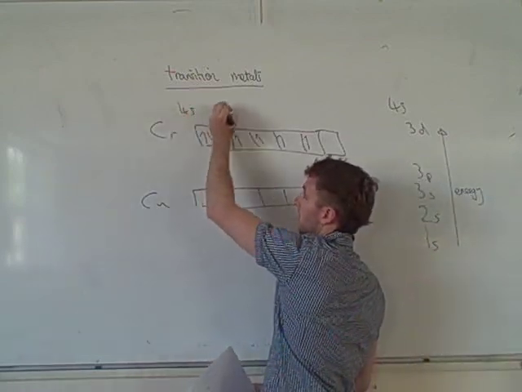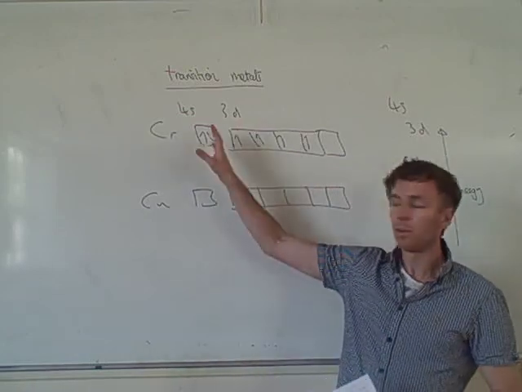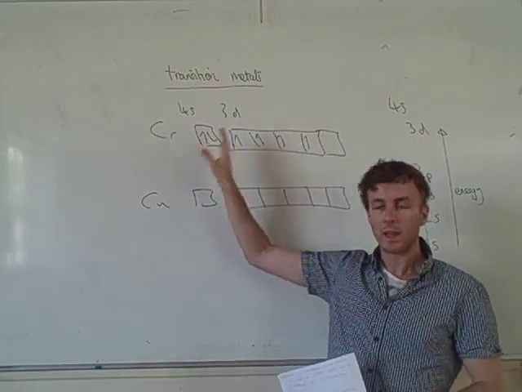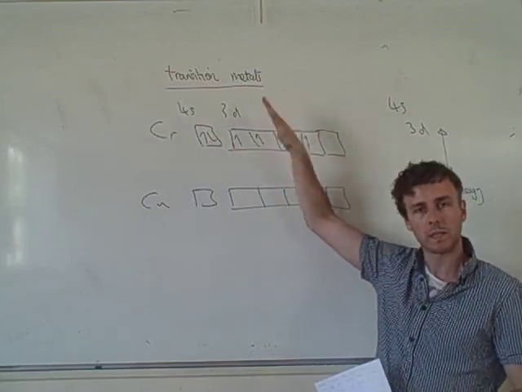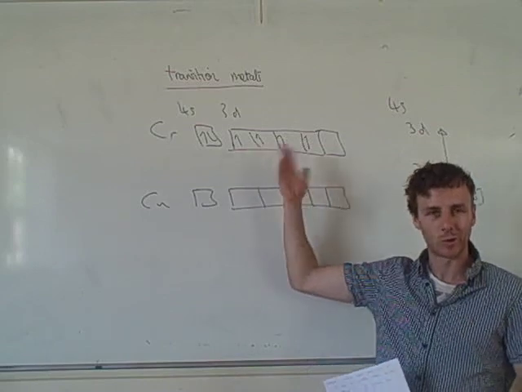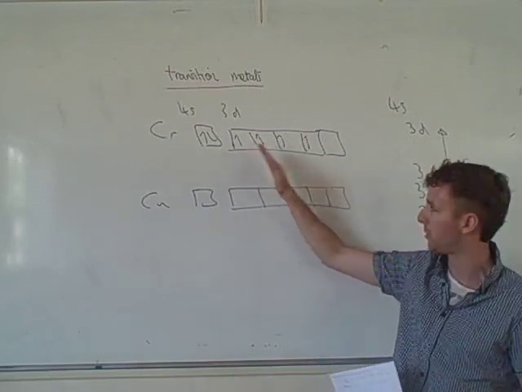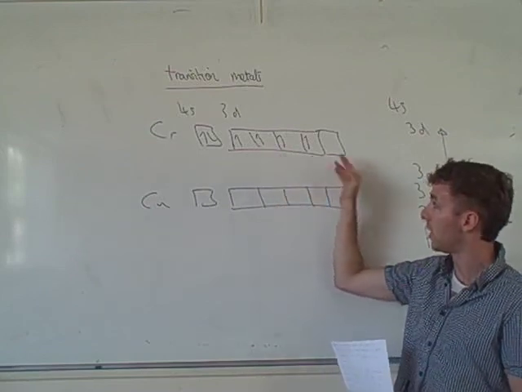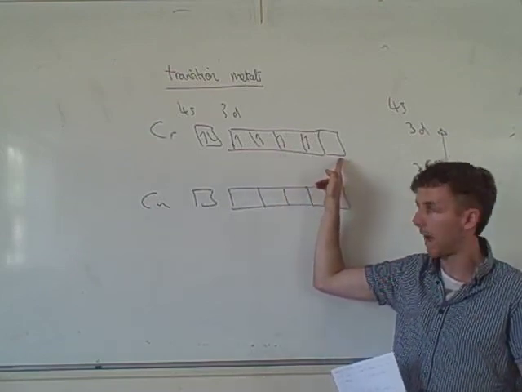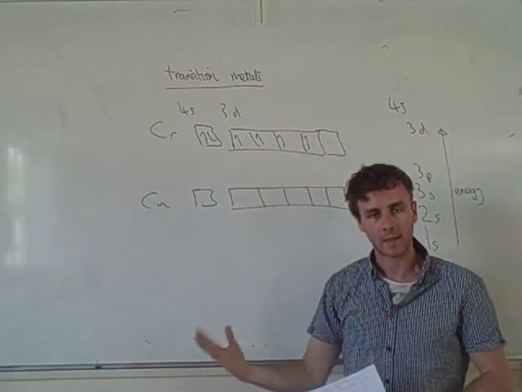So it would be 4s2, 3d4. However, elements are more stable if they have an equal number of electrons in each of their d orbitals. So you can see here, I've got 1 in this d orbital, 1 here, 1 here, 1 here, but no electrons there. And not having an equal amount in each makes this chromium unstable.